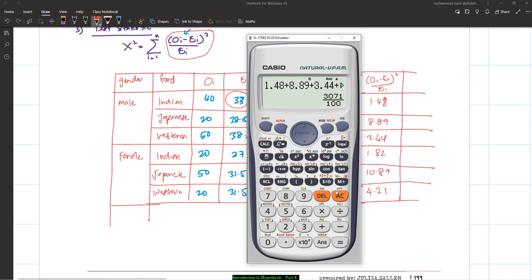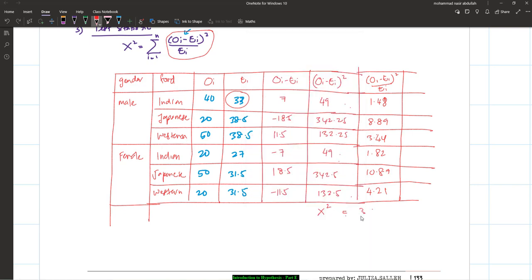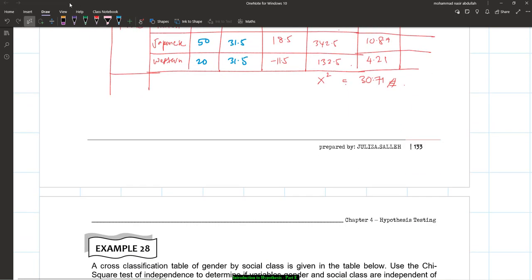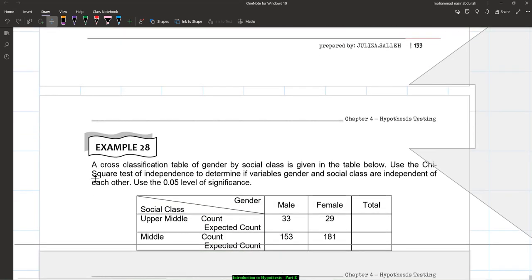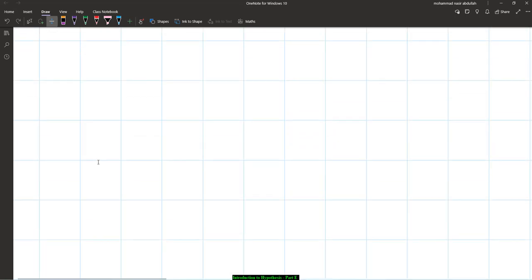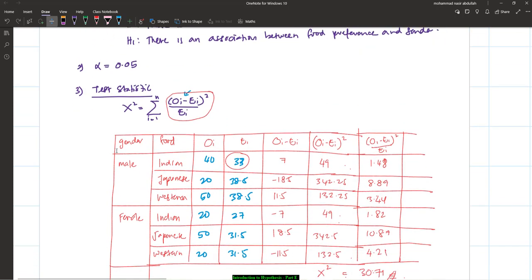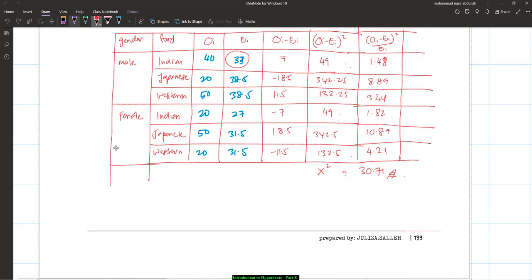So this one should be equal to 30.71. So this is the value of chi-square, right? So we already have the test statistic value, which is chi-square equal to 30.71.